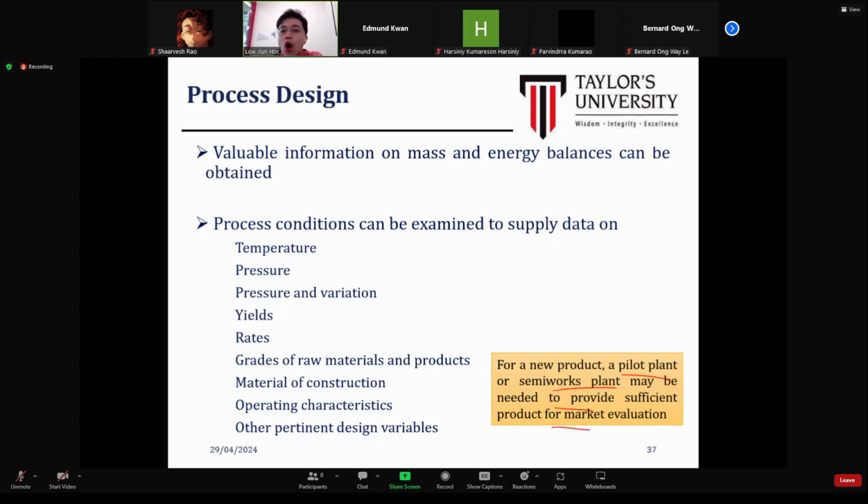It can be the operating temperature or pressure of the new process, or the rate expression of the chemical reaction, in order to support our decision making and proceed with our chemical plant design.